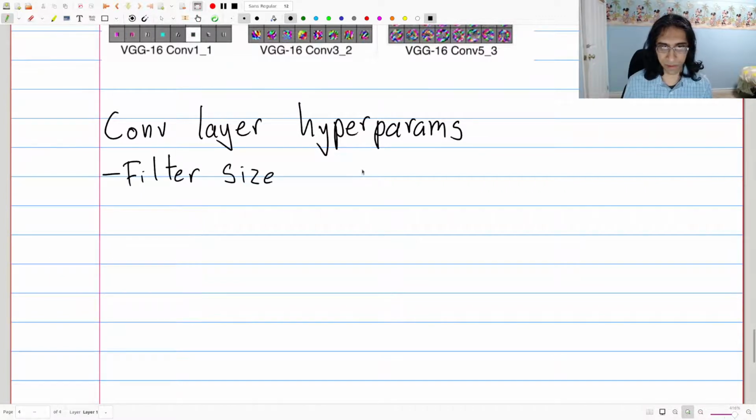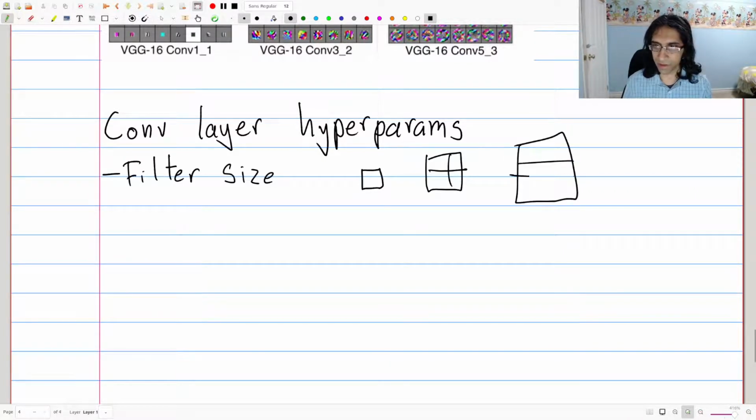For example, this is a 1 by 1 filter, this is a 2 by 2 filter, this is a 3 by 3 filter, and so on. So you have to specify the width and the height, and these are typically going to be square. It's rare that you would use non-square filters. So let's say that this is going to be f.